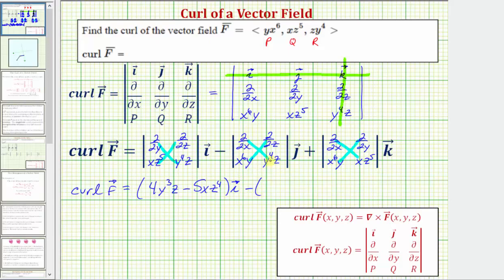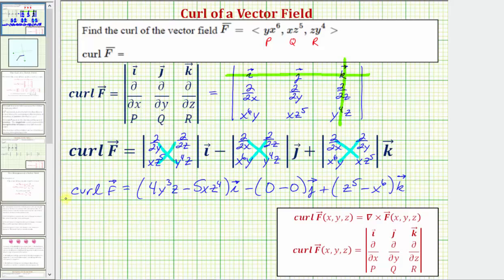here we have the partial derivative of y to the fourth z with respect to x, that'd be 0, minus the partial derivative of x to the sixth y with respect to z is also 0, times the j vector, plus, here we have the partial derivative of x z to the fifth with respect to x, which should be z to the fifth, minus the partial derivative of x to the sixth y with respect to y, which should be x to the sixth, times the k vector.